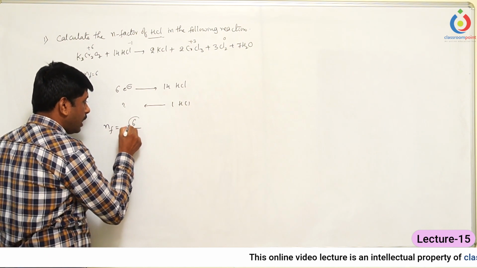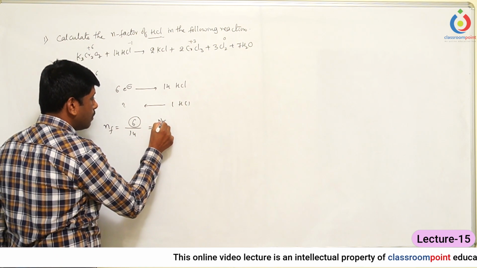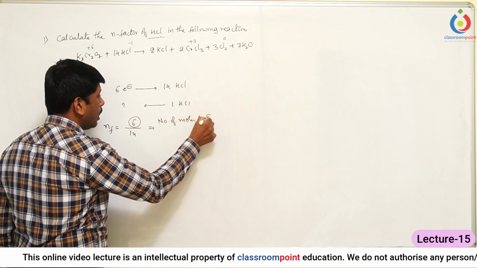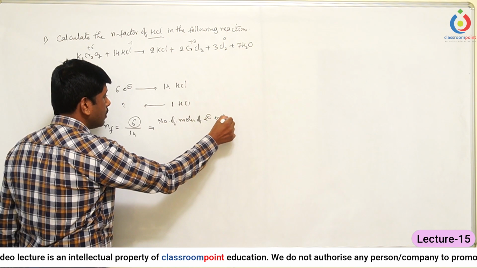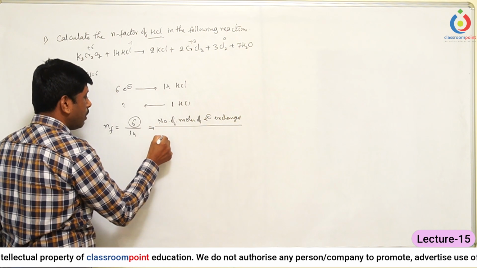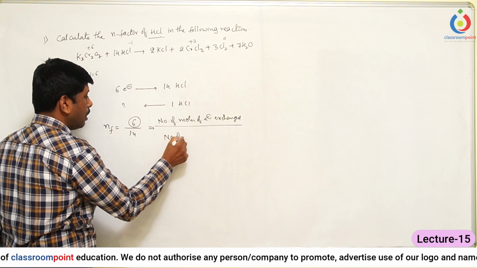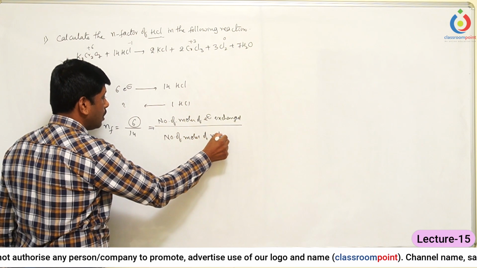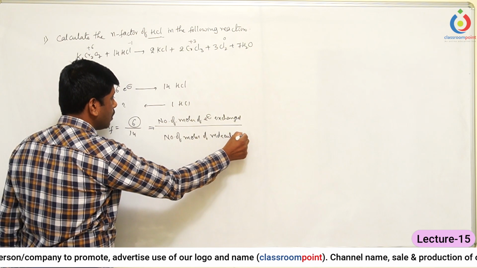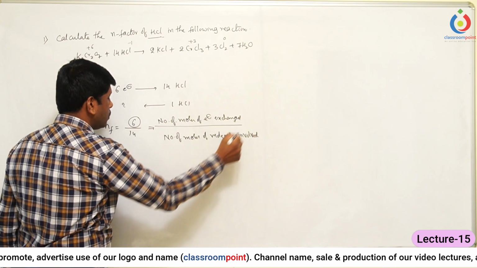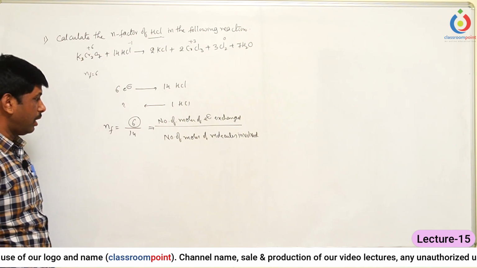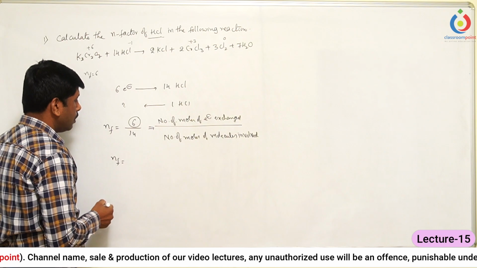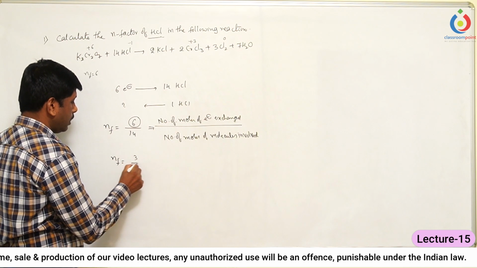That means here you can write down that number of moles of electrons exchanged divided by number of moles of molecules involved. So you get the N factor value. So in this way, in this case, if you simplify this further, so 2 3s and 2 7s.